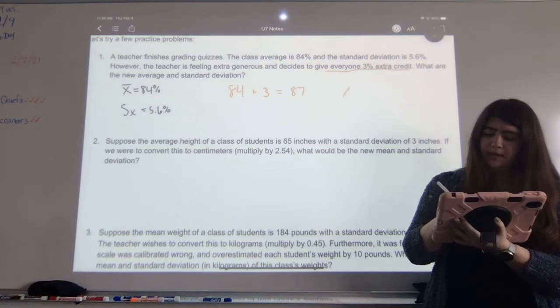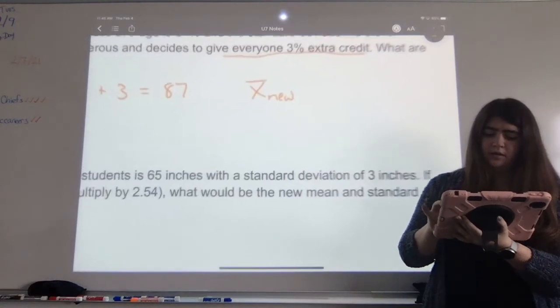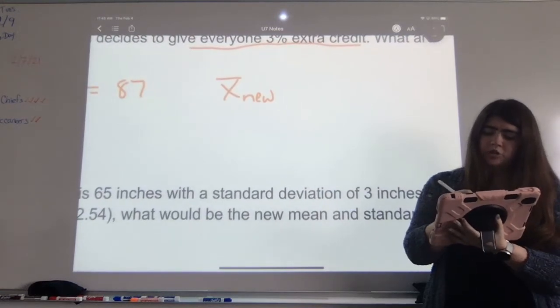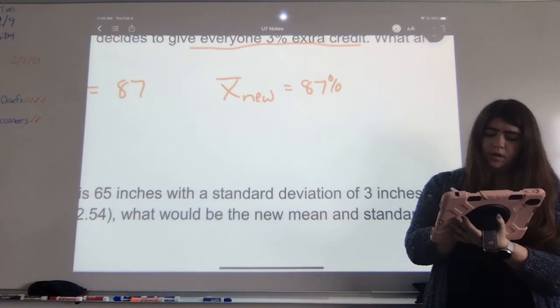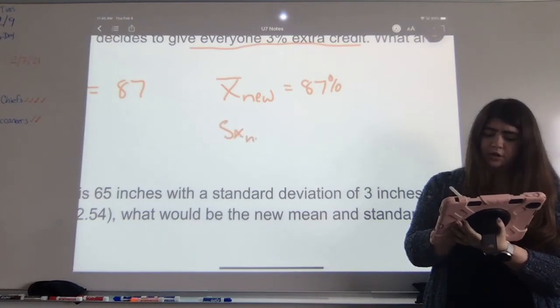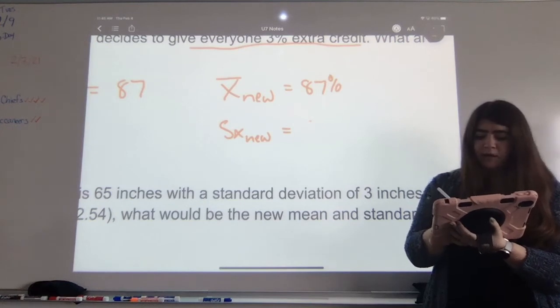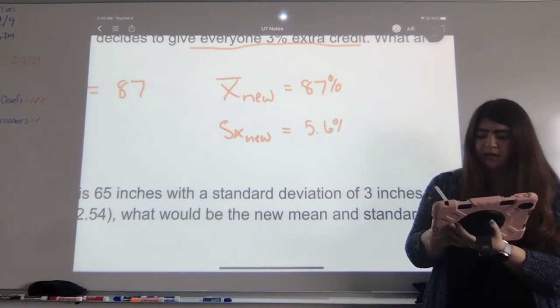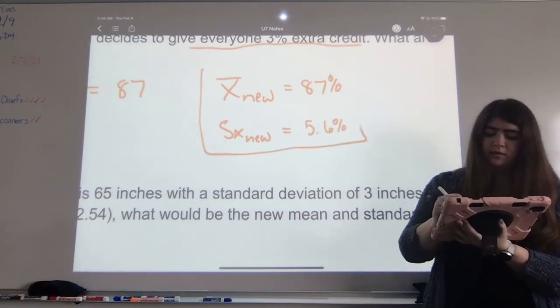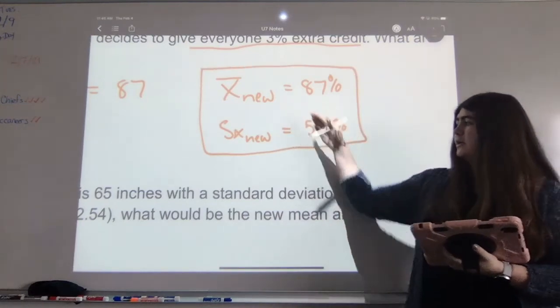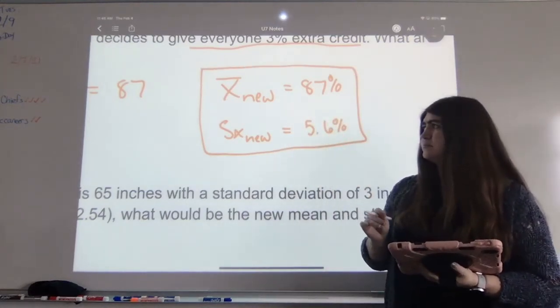So my new mean, x bar new, is equal to 87%. What about our new standard deviation? Well, it didn't change, so it's still the same, 5.6%. And that is my answer, my new mean and my new standard deviation.